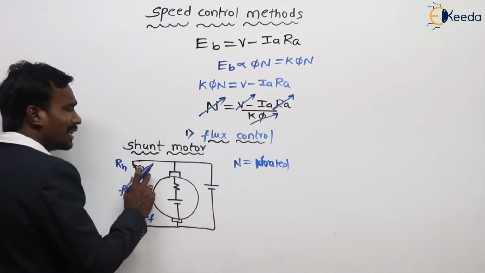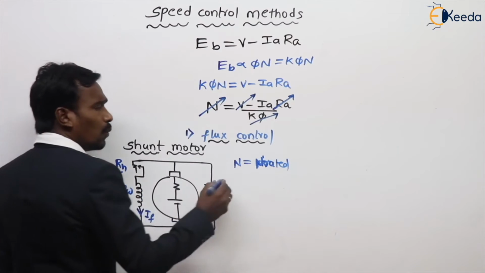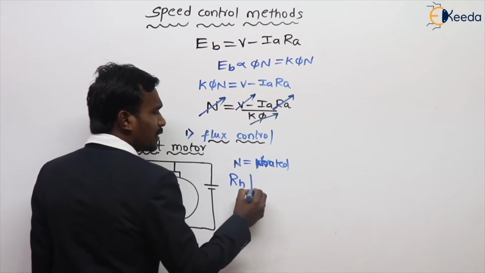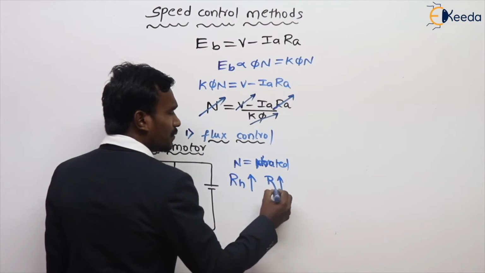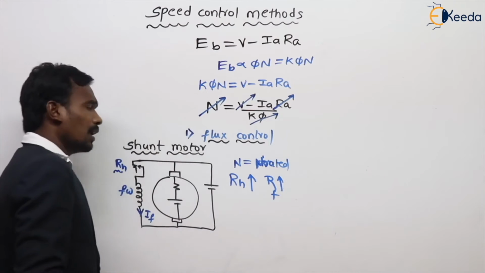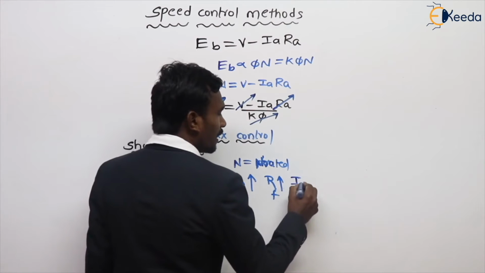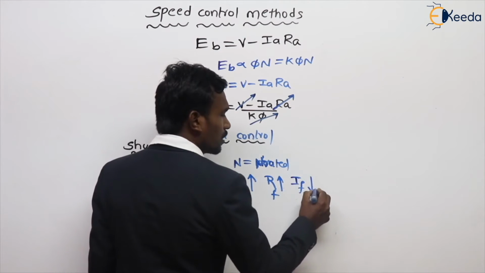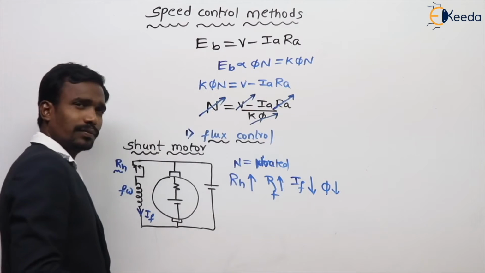Now slightly increase the rheostat position. When the rheostat value is increasing, automatically the resistance of the field winding increases. When the resistance of the field winding increases, the field current will reduce, nothing but flux will reduce.